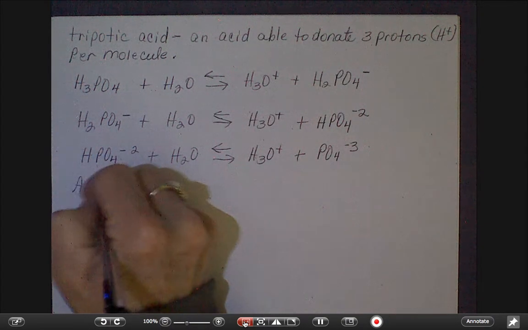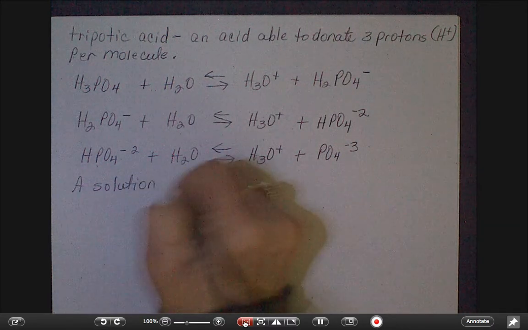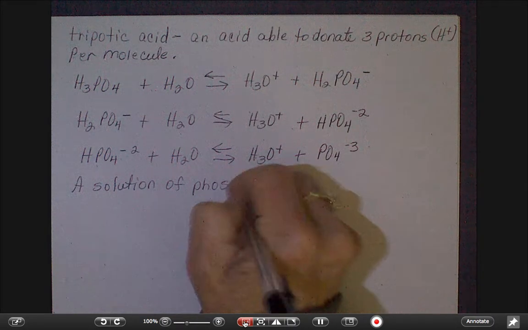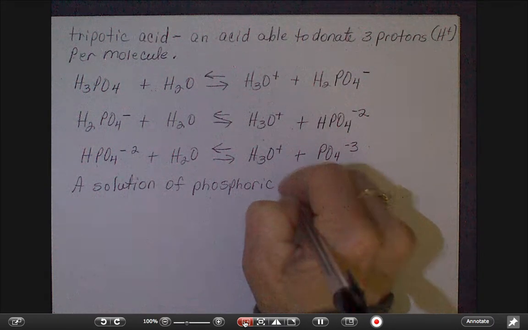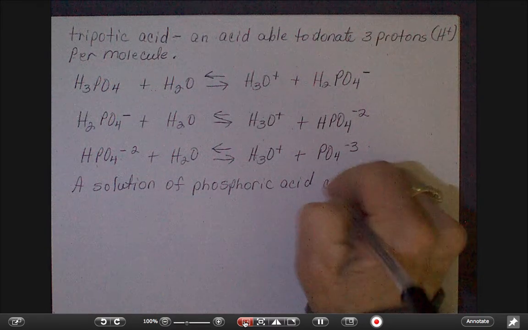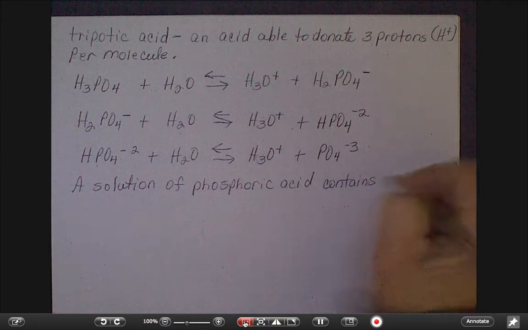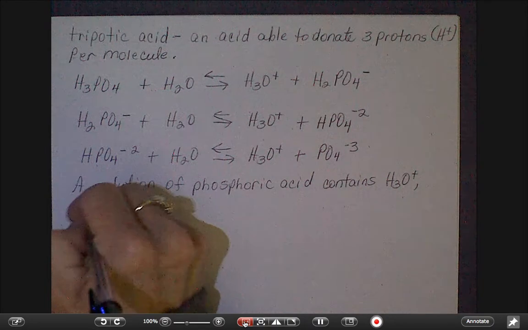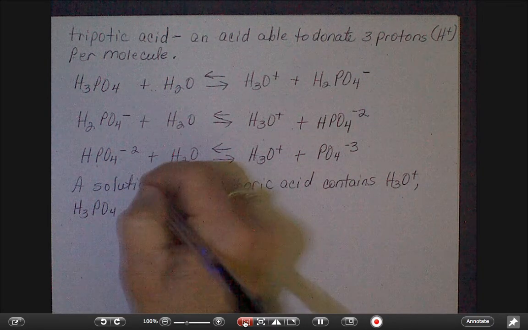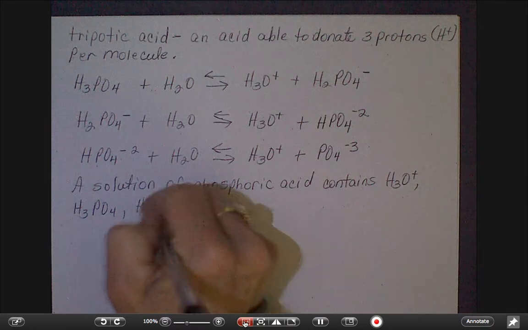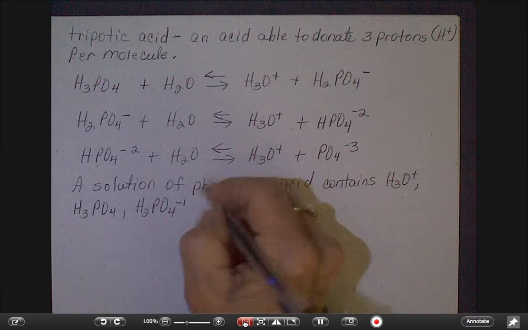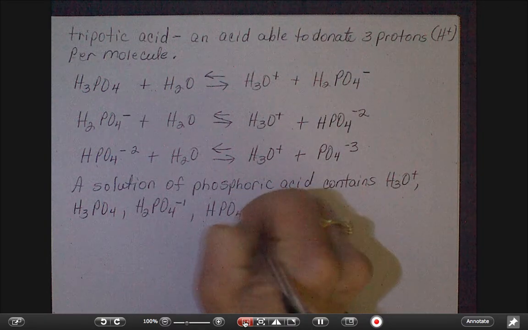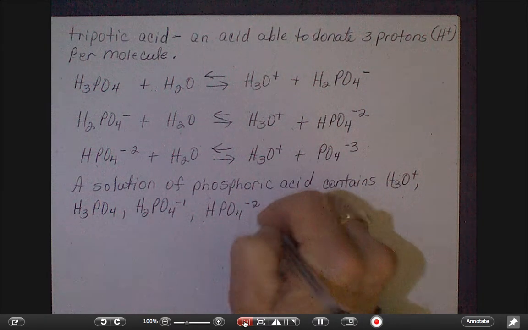A solution of phosphoric acid contains H3O plus, H3PO4, H2PO4 -1, HPO4 -2, and PO4 -3.